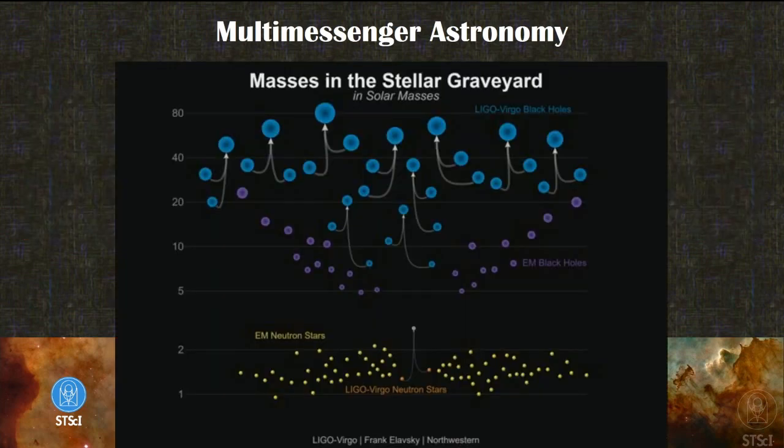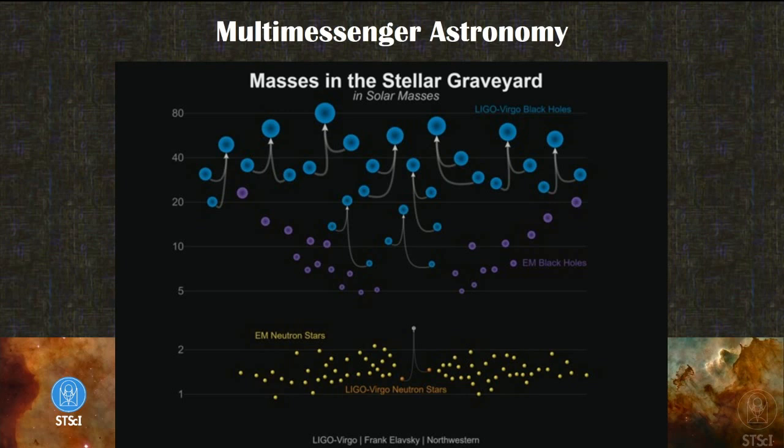And so actually we've been able to do that. And so LIGO now has discovered with the gravitational wave detectors these merging black holes. And what's really interesting is, so the blue here are all the gravitational wave detections.